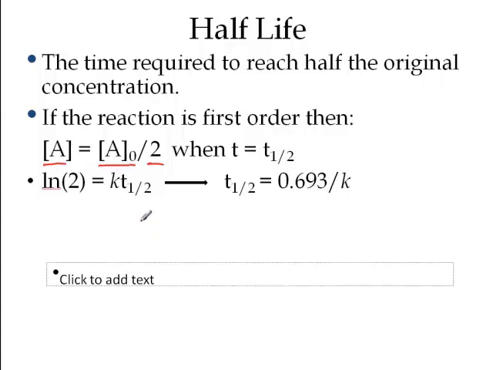For a first order reaction, you get the natural log of 2 equals the constant times whatever the time is. And if we rearrange for t, because often the question is how long does it take, you get t equals the natural log of 2 divided by k. So given the right information, you can find either the constant or the time. And what's nice with these, sometimes you can do it without even having to do any math. So let's go to the next page.